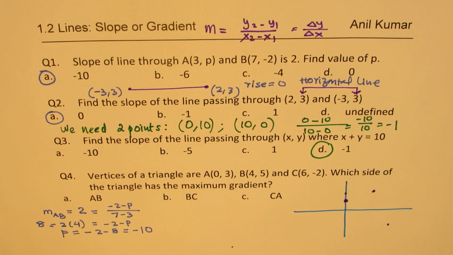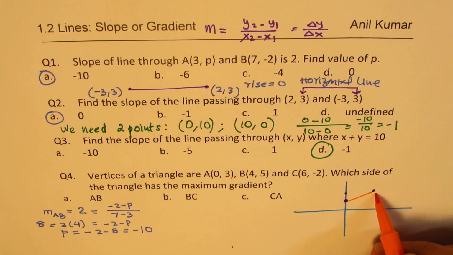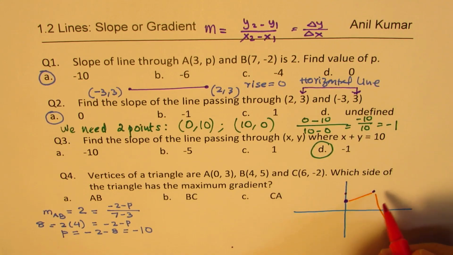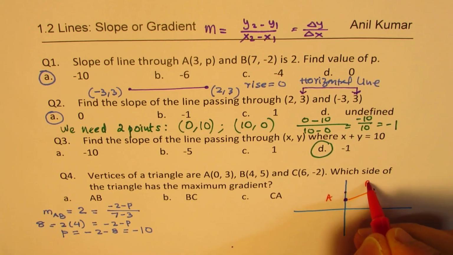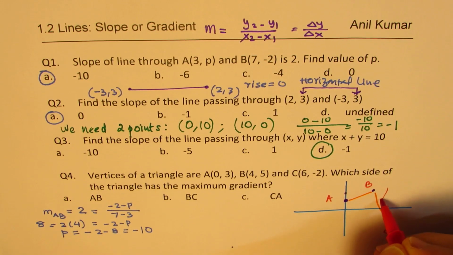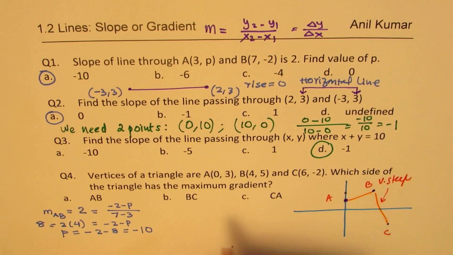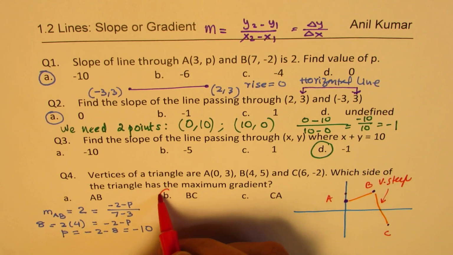So if you look at this triangle, you see this is very steep, right? So what you notice here is that this is your A, this is B, and this is C. Now this is very steep, and therefore, the answer is BC.